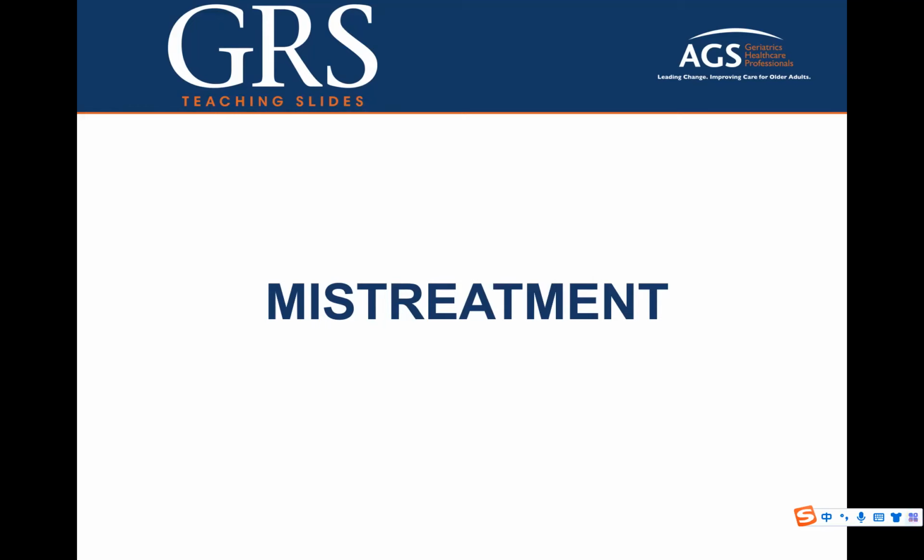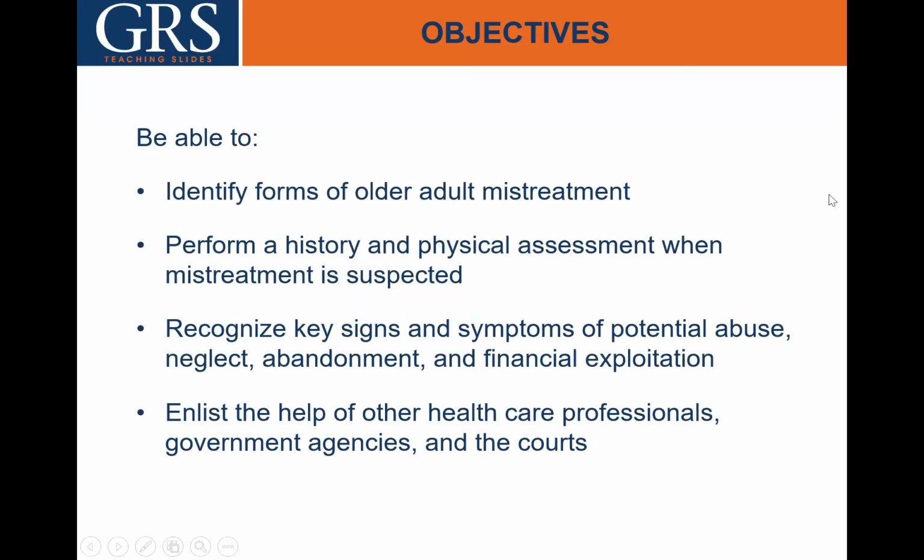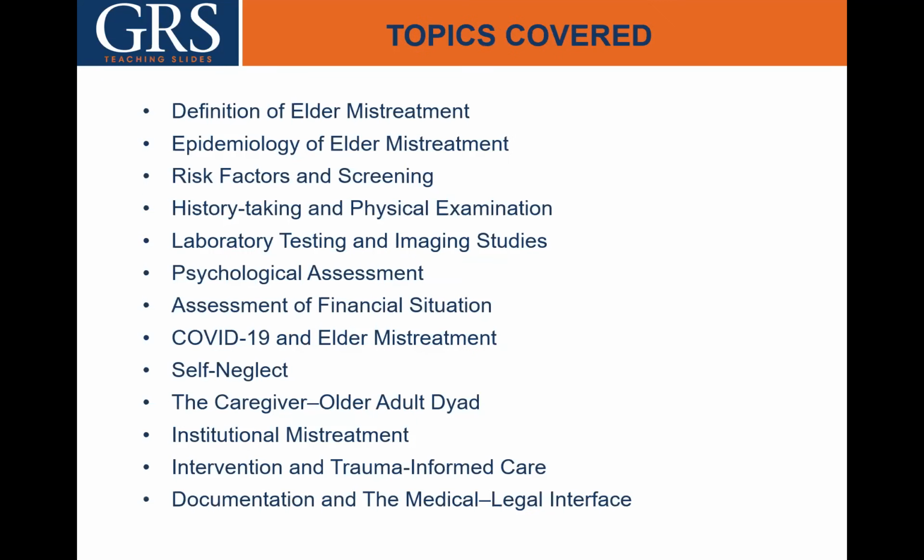So the first topic is about mistreatment. In this topic, our objective is to be able to identify different forms of older adult mistreatment, and also we should know how to perform a history and physical assessment when we are suspicious of mistreatment, and also we should be able to recognize the key signs and symptoms of different types of mistreatment, and also we should know how to ask for help from other healthcare professionals, government, or the courts.